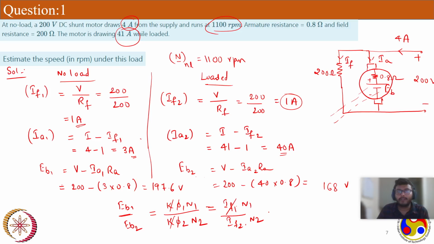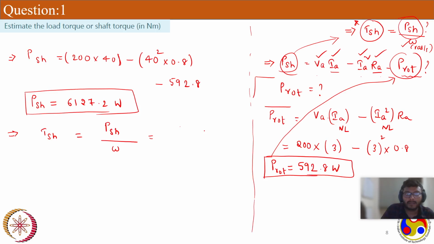We just have to calculate the load torque or shaft torque. Now it's simple. What will be my shaft torque? It will be P shaft divided by omega. Now omega is in radians per second, right? It is 6127.2 divided by omega, which is 2 pi N by 60, if the N is in RPM.